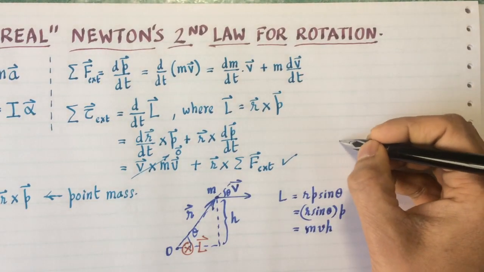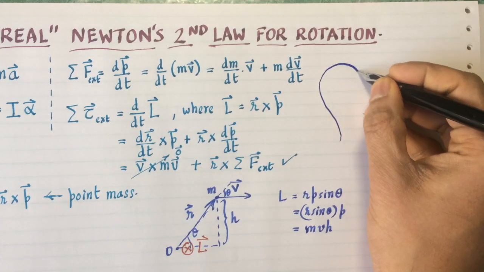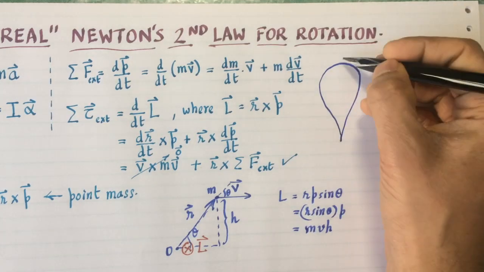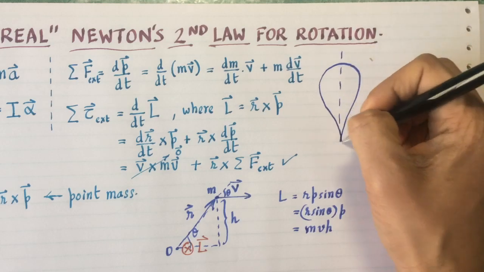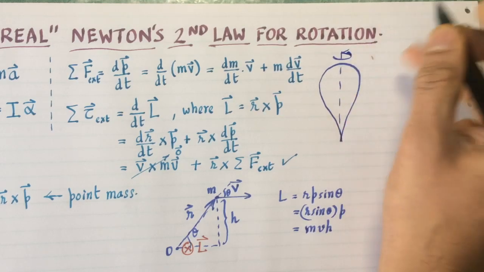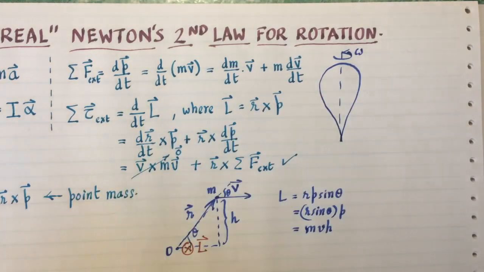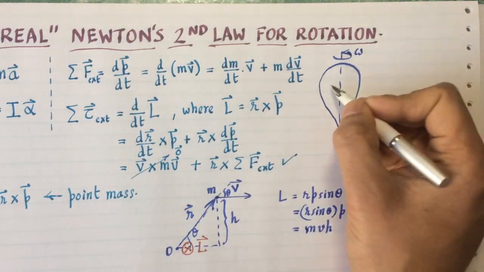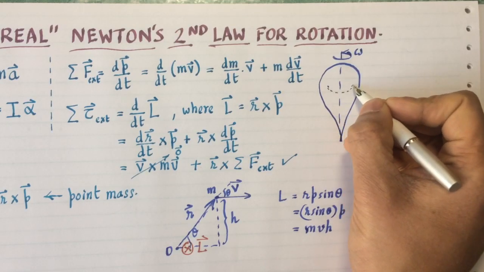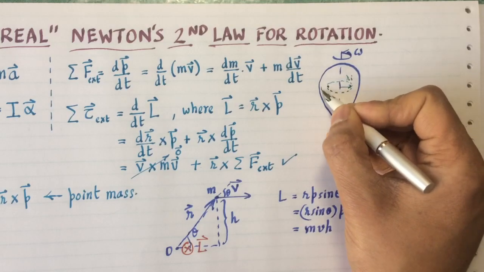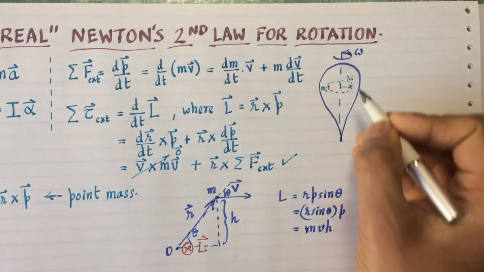So I have here a rigid body, and it's rotating about some axis with some angular speed, which I'll call omega. So each of the mass points within the rigid body is executing a little circle. Let's call the radius of that circle r sub i, and the mass point itself is m sub i.